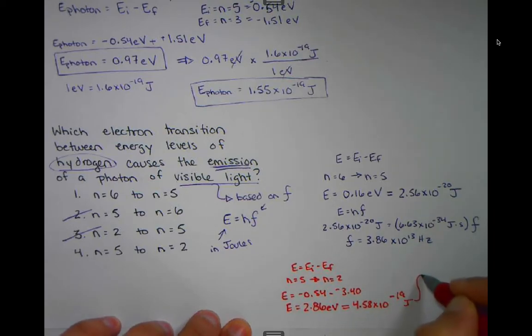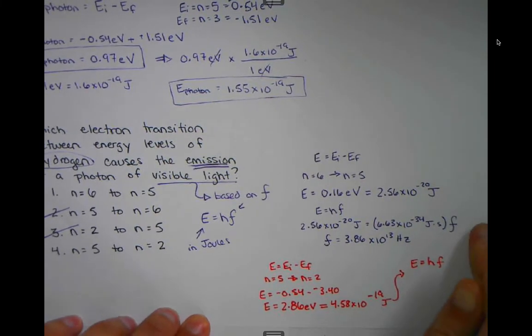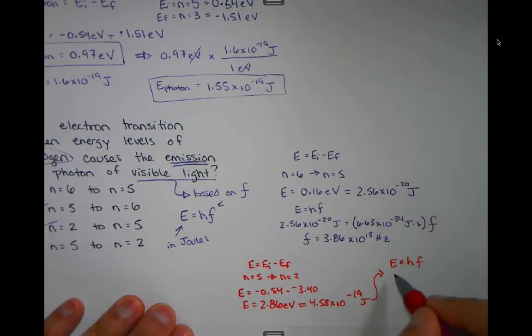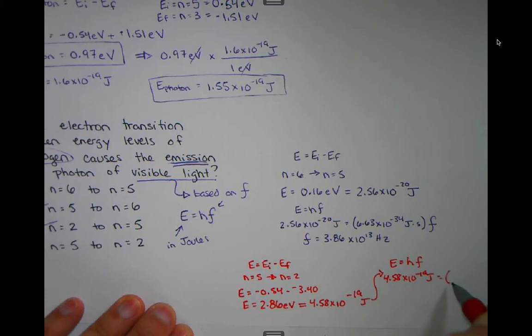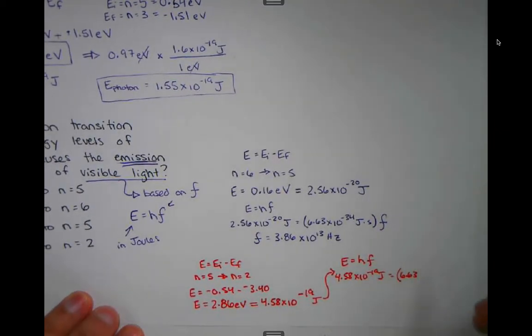Now I'm going to use that in E equals hf. So I have 4.58 times 10 to the negative 19 joules equals Planck's constant, 6.63 times 10 to the negative 34 joule seconds, times f, and then we solve for the frequency.